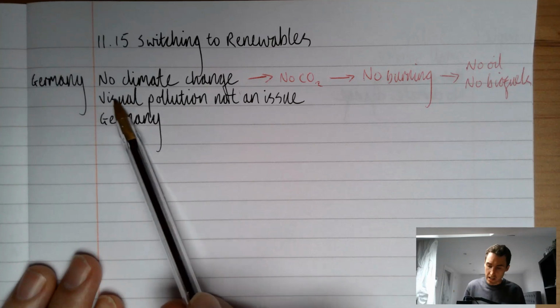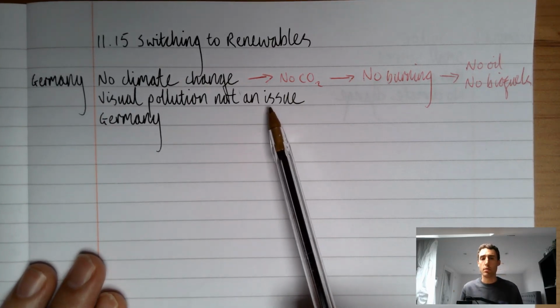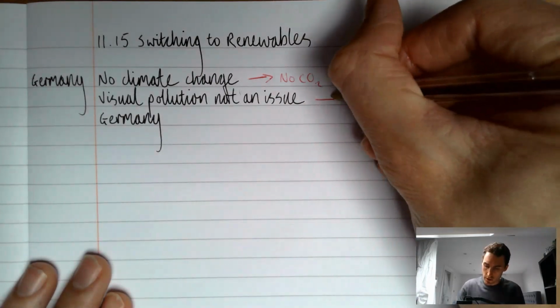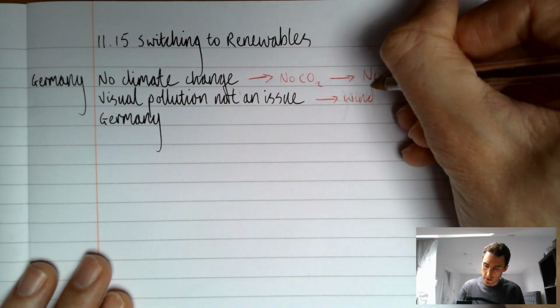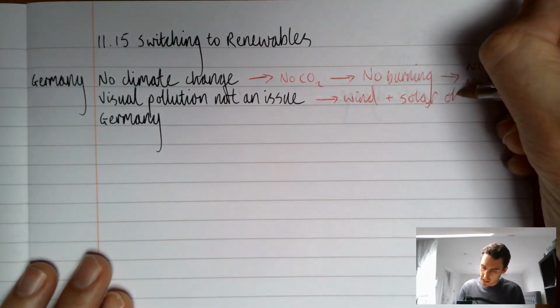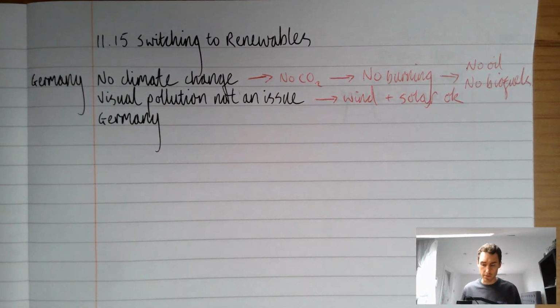Really go through and highlight that what that means is basically Merkel didn't care too much about this problem of visual pollution. So visual pollution, not an issue. We can put here wind plus solar, okay. And here I'm just making notes that are going to help me write in a minute. So that's worth emphasizing as well.